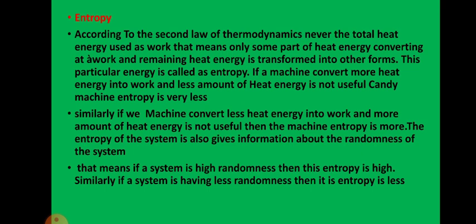This particular energy is called entropy. If a machine converts more heat energy into work and less heat energy is not useful, then the machine entropy is very less. Similarly, if a machine converts less heat energy into work and more heat energy is not useful, then the machine entropy is more.